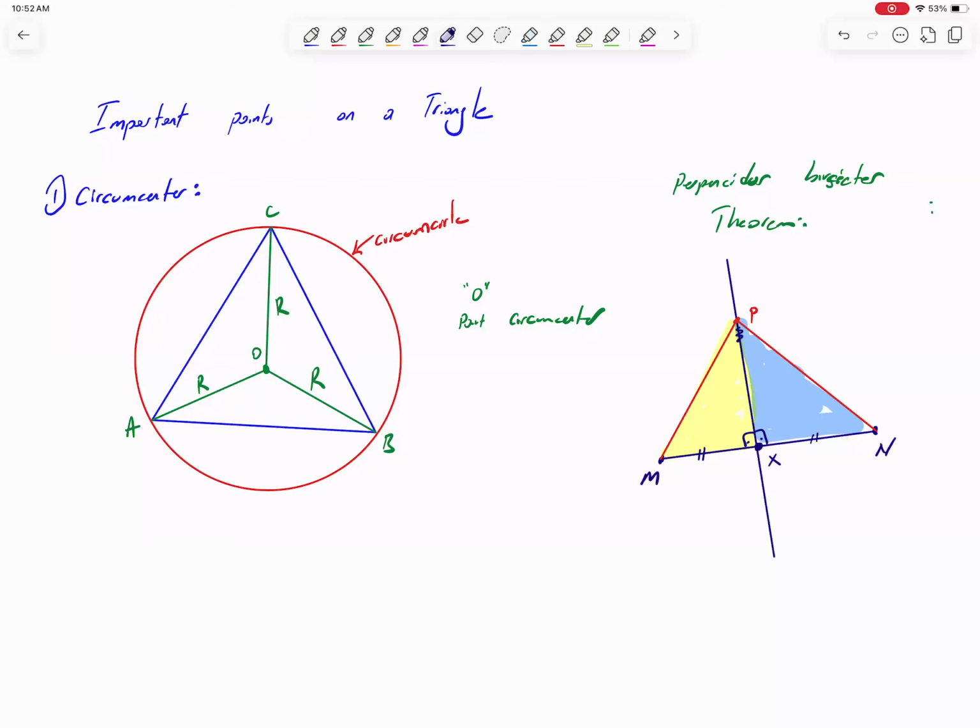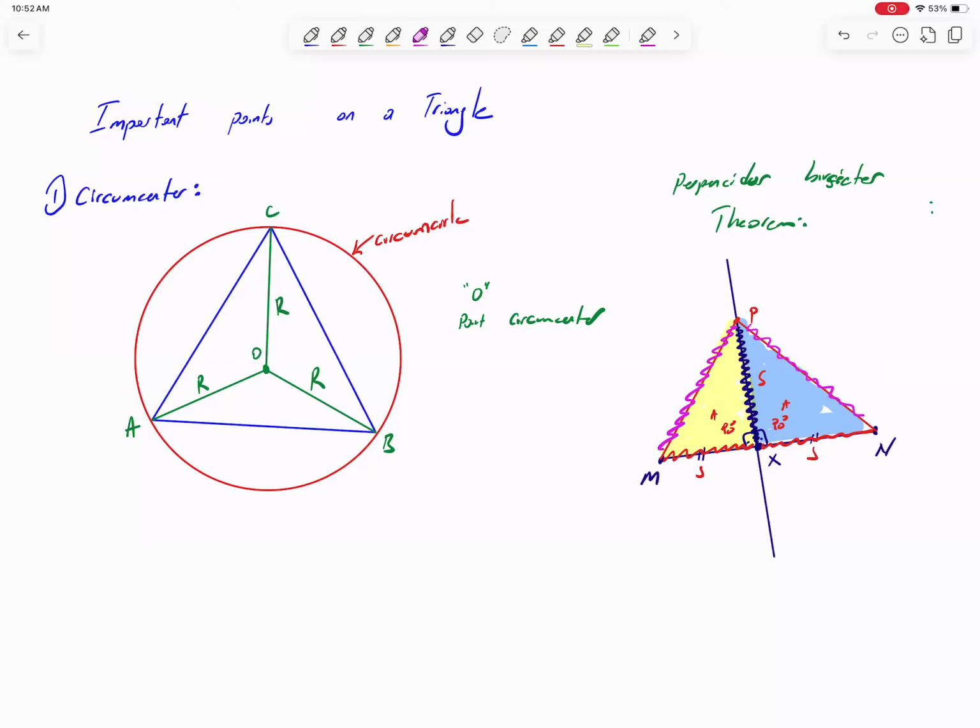They share the side PX, and they are the same. We know that MX is congruent to XN because X is the midpoint. And the angle between is a right angle, 90 degrees. From side-angle-side congruency, the two triangles must be congruent, and then we can say that the hypotenuse PM must be congruent to PN.